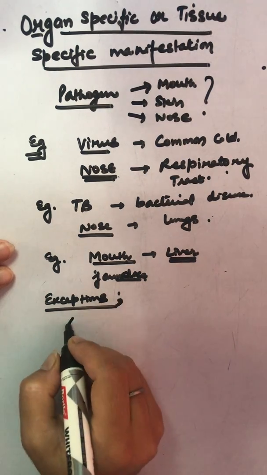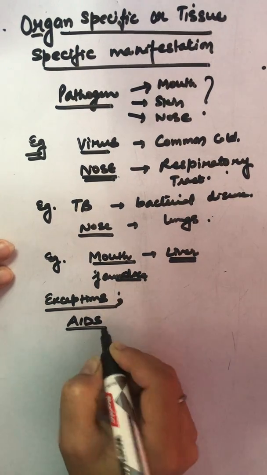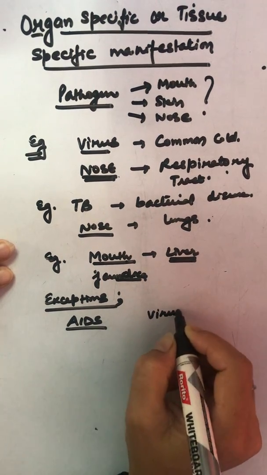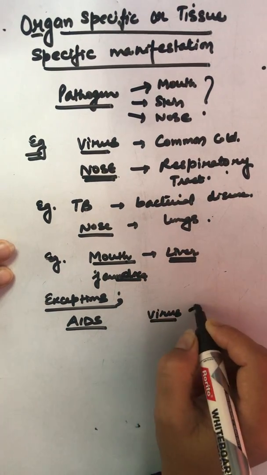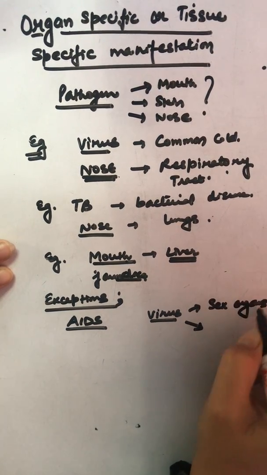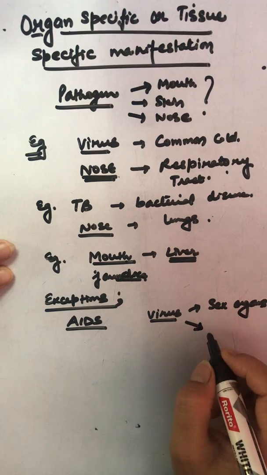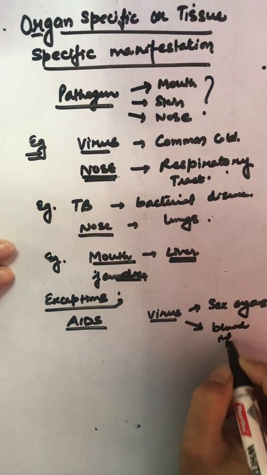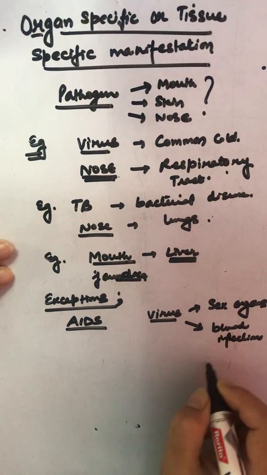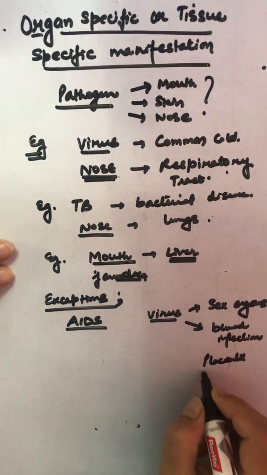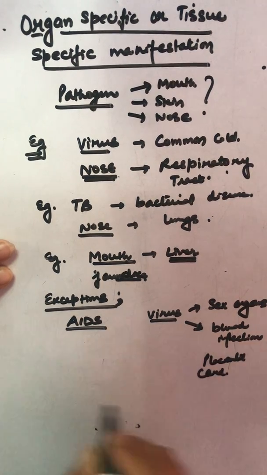Example, AIDS. In exception, because in AIDS, virus may enter through anywhere, maybe through sex organs, maybe through the blood, direct blood infection, maybe through the placental cord of mother.